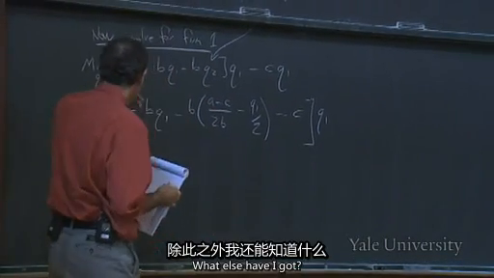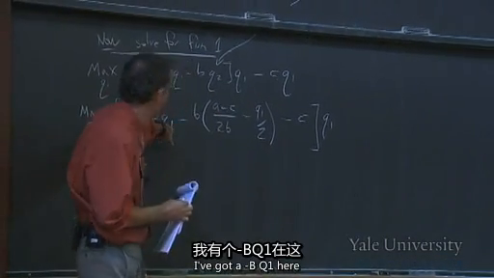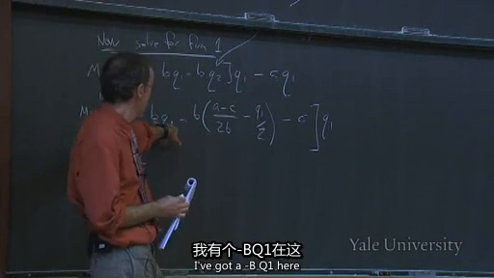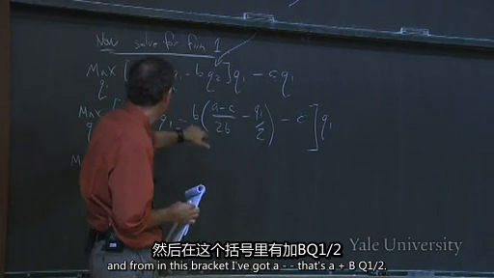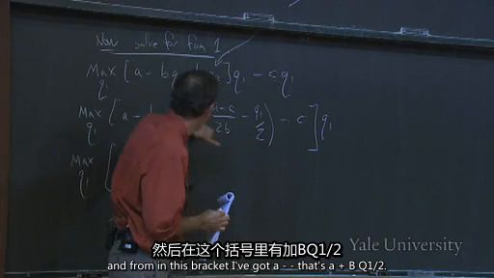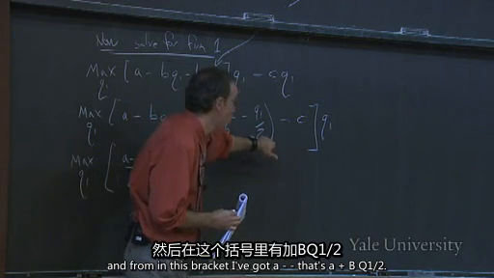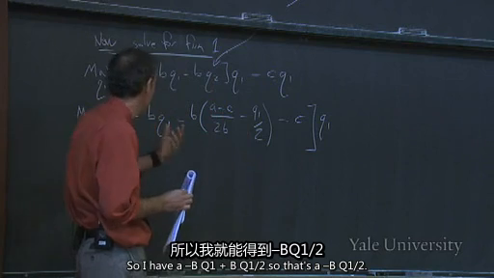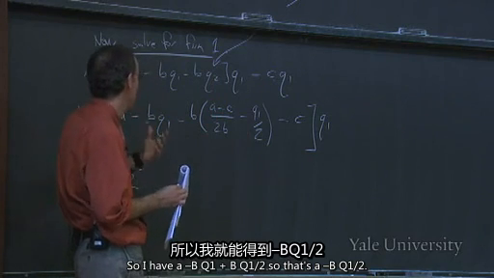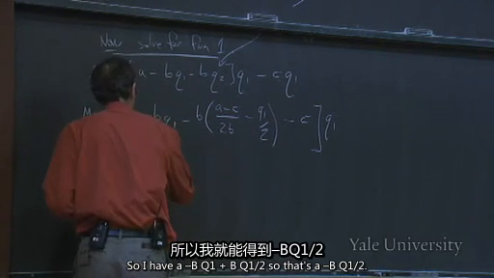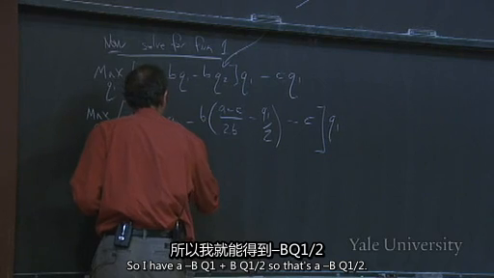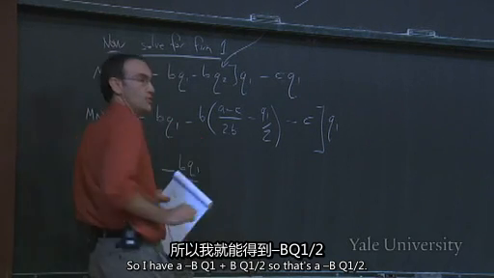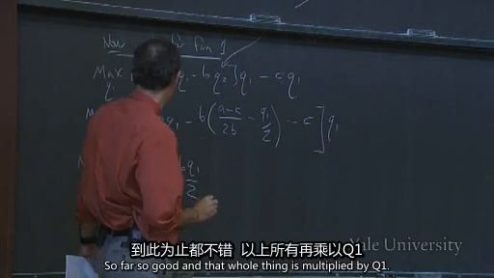All right, what else have I got? I've got a minus BQ1 here. And from this bracket, I've got a minus minus, that's a plus BQ1 over 2. So I have a minus BQ1 plus BQ1 over 2, so that's a minus BQ1 over 2. So far, so good.